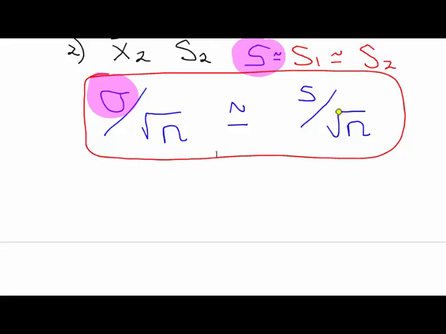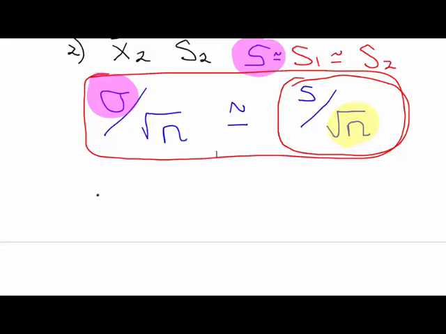Anyway, I digress. This is the important bit here, that the square root of n is part of the denominator. So what happens is, as the denominator gets larger, this overall figure gets smaller. Okay, and that's the key thing there. So it gets narrower.